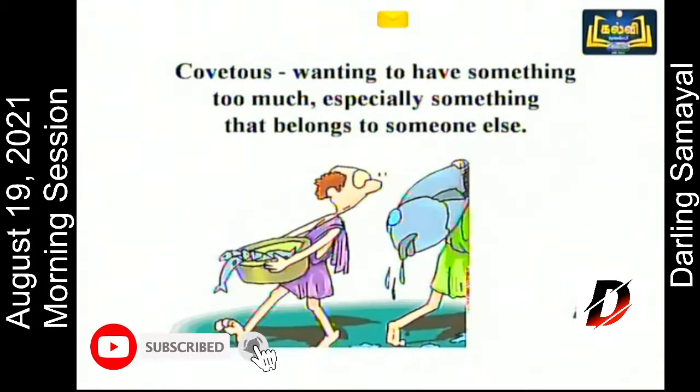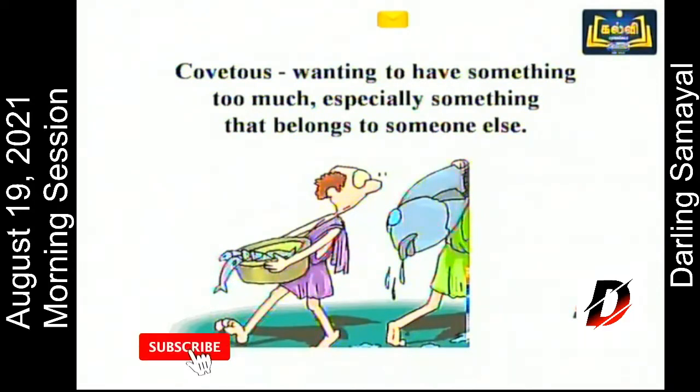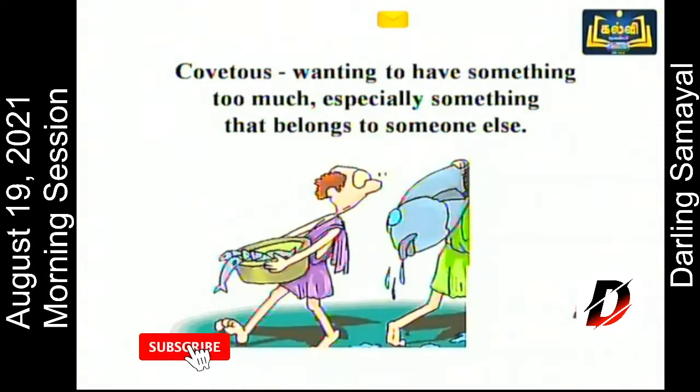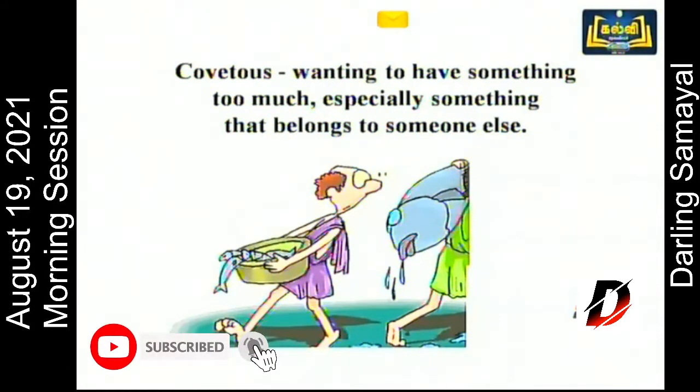Covetous, wanting to have something too much, especially something that belongs to someone else. When you want someone else's things or when you are so greedy, you are covetous. Here a man is holding a basket full of fish, but the other man is having one big fish, but he is not satisfied with what he has.